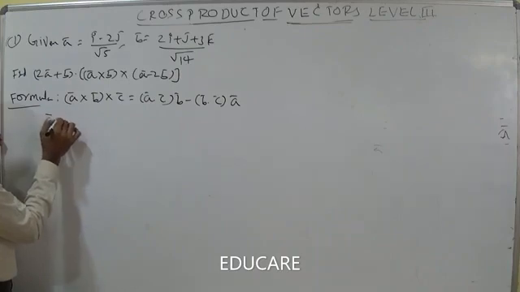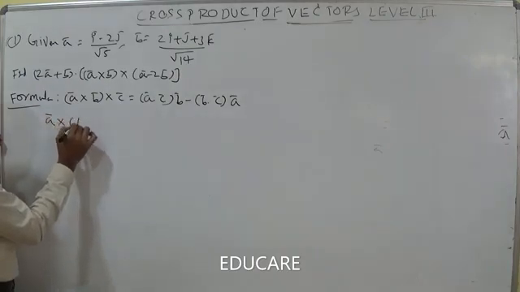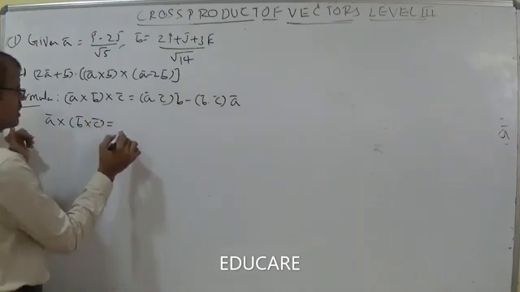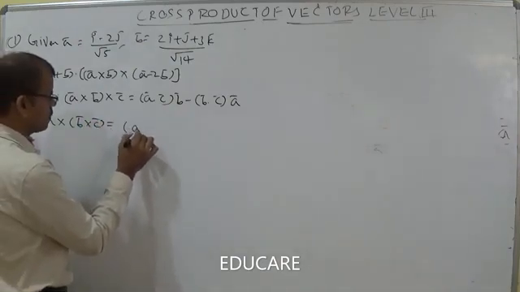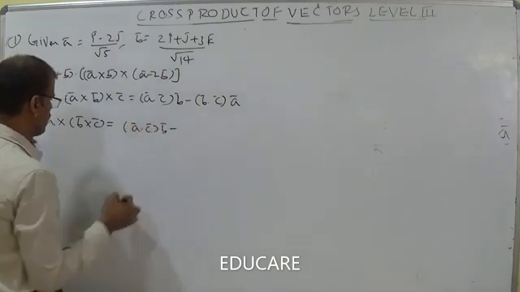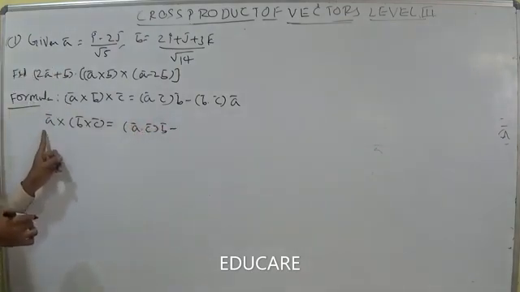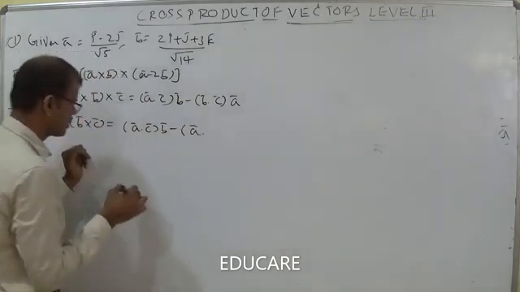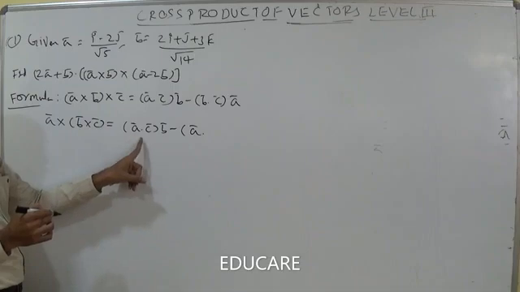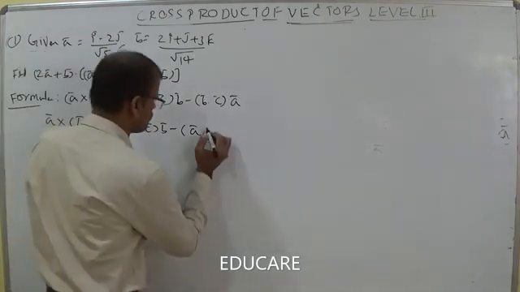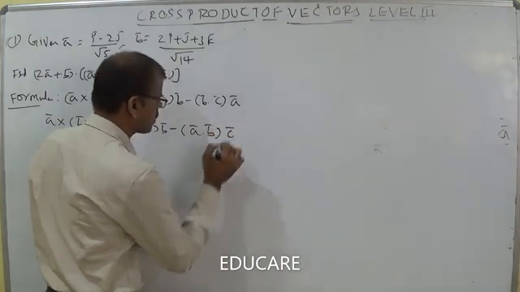Now it is useful. Next, this one also I am saying: A bar cross B bar cross C bar. Same formula, Anti-Corruption Bureau, ACB, minus whatever vector is outside, you should put inside. So now you write here A bar dot, and whatever letter you used here you should not use. C is used, so now use B bar into C bar.